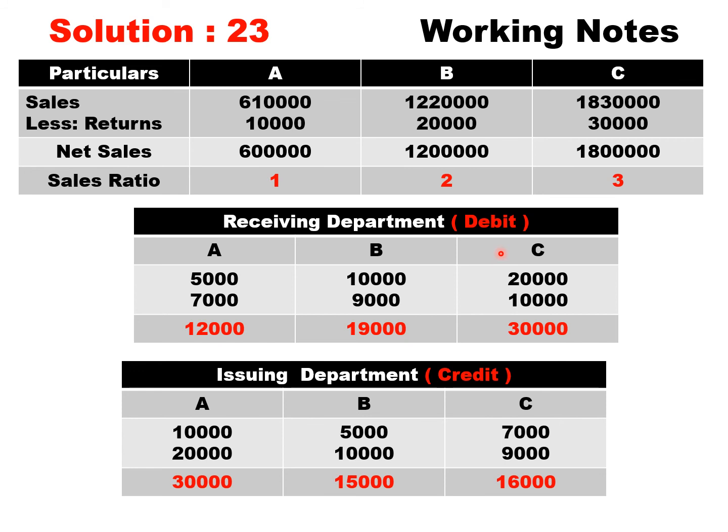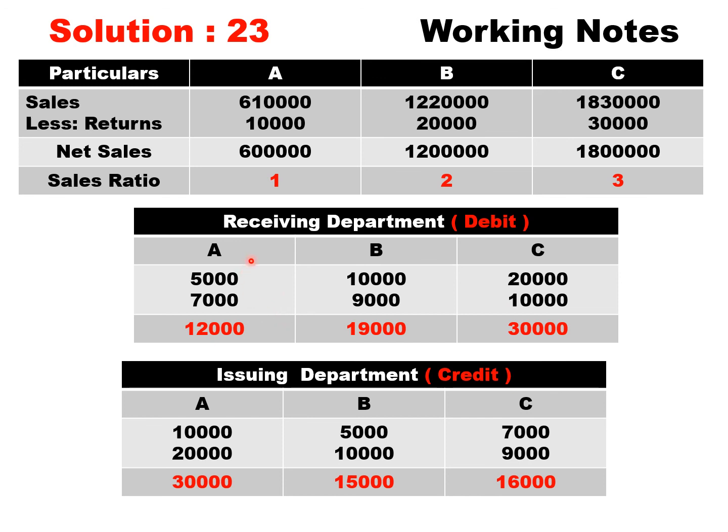Students, kindly go to your adjustments, the questions. We have department A. Department A received 5,000 from B and 7,000 from C. Department B received 10,000 from A and 9,000 from C. Department C received 20,000 from A and 10,000 from B. So these are the receipt amounts of the departments.